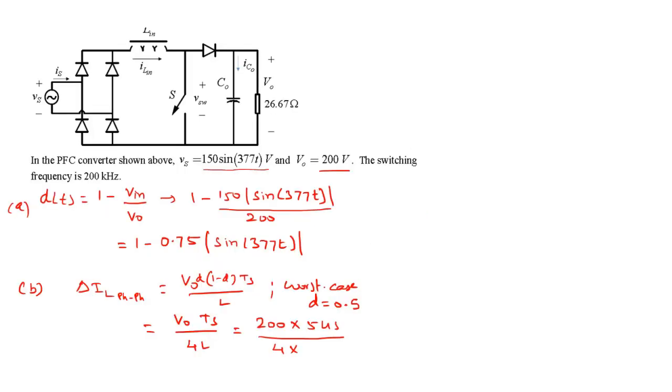Yes, 250 micro. Right. So that works out to be simply 1 ampere. Okay, it's 1000 micro over 1000 micro, 1 ampere. So that is the answer to part B.